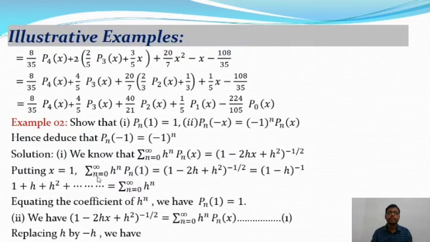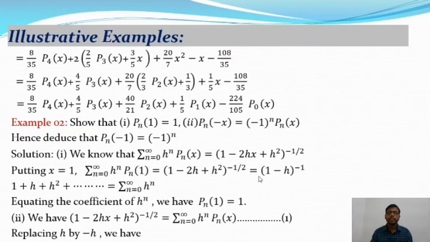We will get the summation over n from 0 to infinity of h^n Pn(1), and this equals (1 - 2h + h^2)^(-1/2). And you know 1 - 2h + h^2 is (1 - h)^2. So after simplifying this, we will get (1 - h)^(-1).